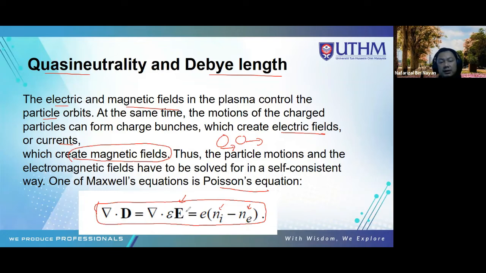The divergence of the electric field should equal the difference between the ion and electron charge densities. This term is for the ions, and this is for the electrons. Of course, if Ni equals Ne, the number of ions and electrons is equal, so this is the positive, this is the negative, and the plasma will be neutral, right?